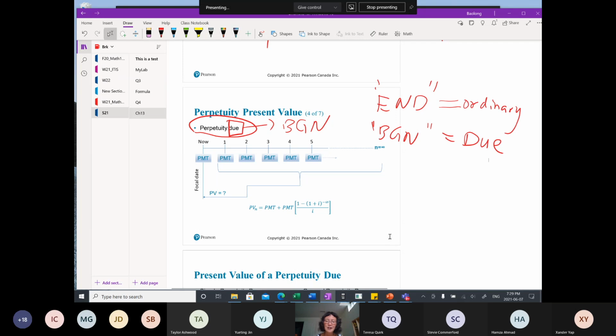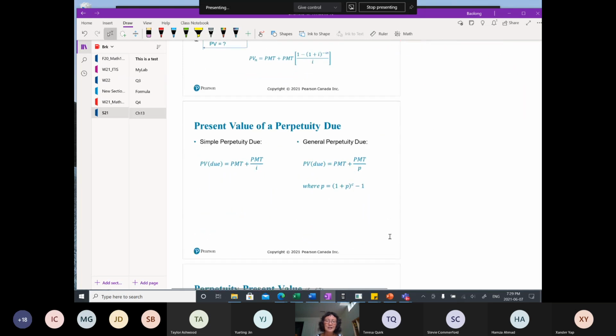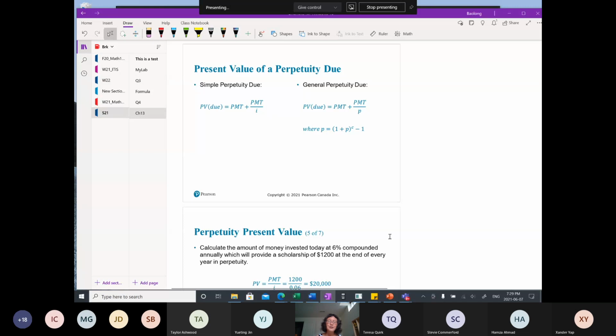So now let's look at the present value of a perpetuity due. There are two situations. Situation one, simple perpetuity due. So again, what is simple?